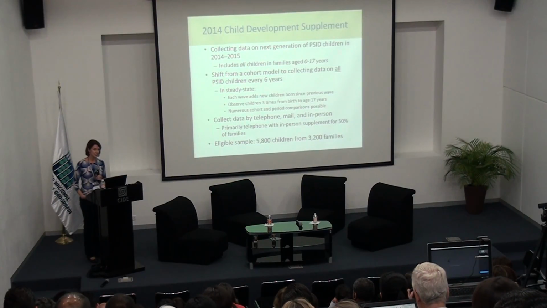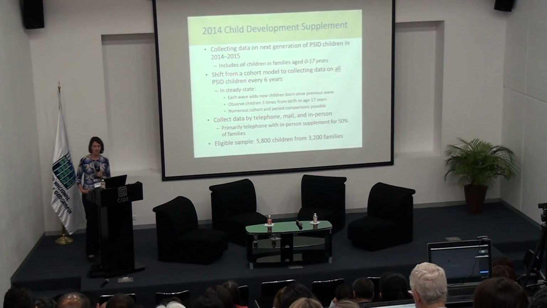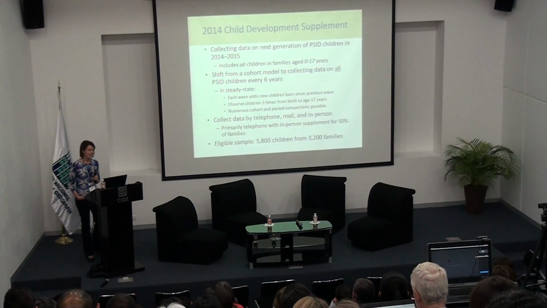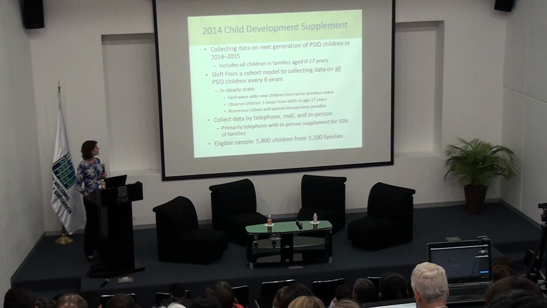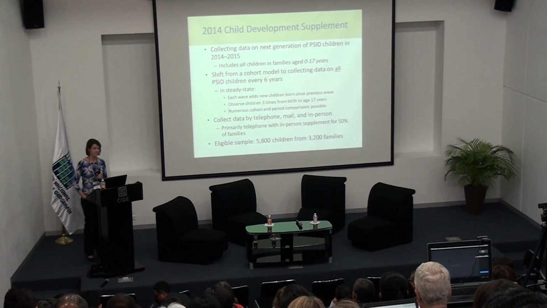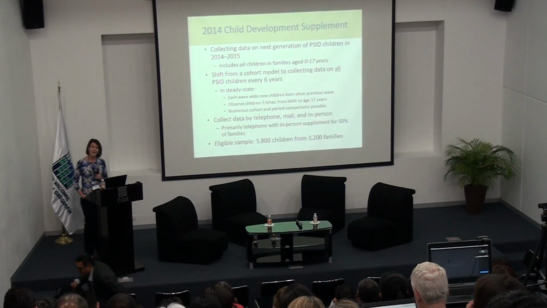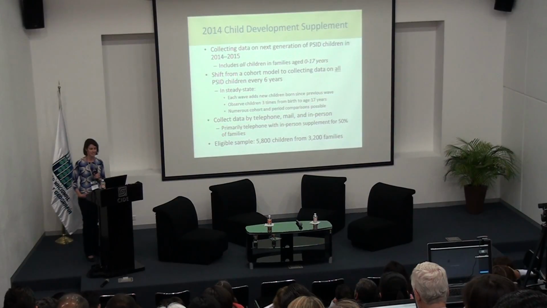So PSID just launched the 2014 Child Development Supplement, which has collected data on PSID children who were living in PSID families in 2013. And so we completed field work with a sample of children in April of this year, and we changed the design of the study a bit to include all children in families from age 0 to 17.